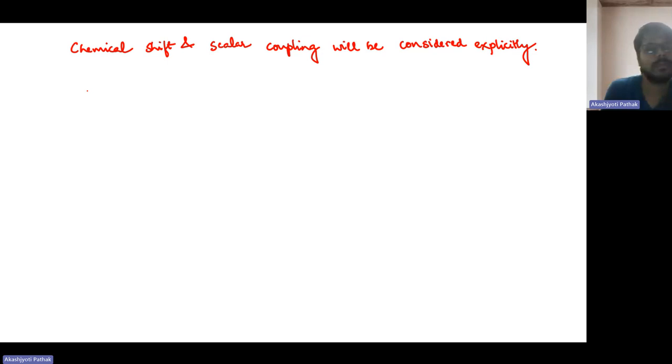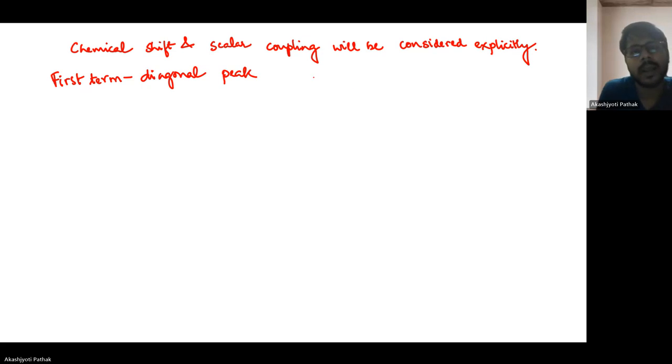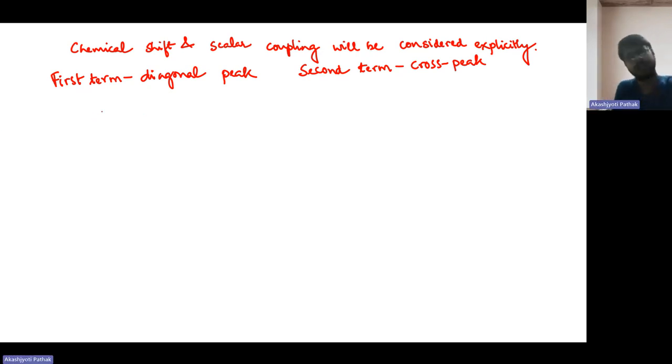Okay, so the first term was what? The first term was the diagonal peak, and the second term was what? The cross peak. So for this diagonal peak, the chemical shift evolution leads to the density operator rho 5D. What is rho 5D?